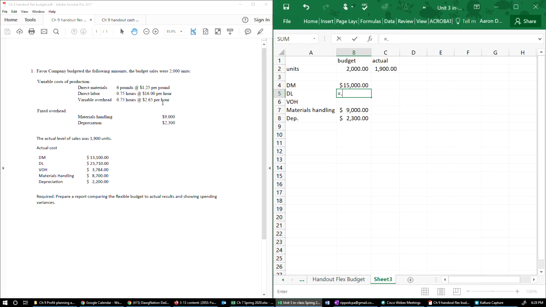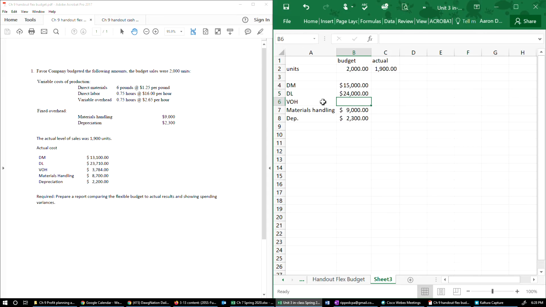For direct labor, 3/4 of an hour. An hour of labor costs $16. And 2,000 units, because the direct labor hour is 3/4 of an hour per unit.